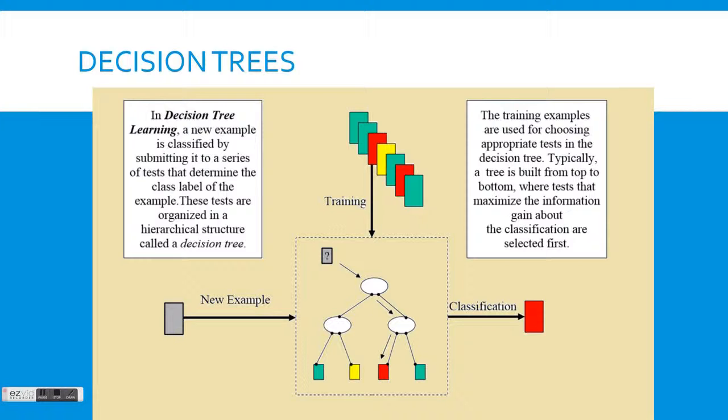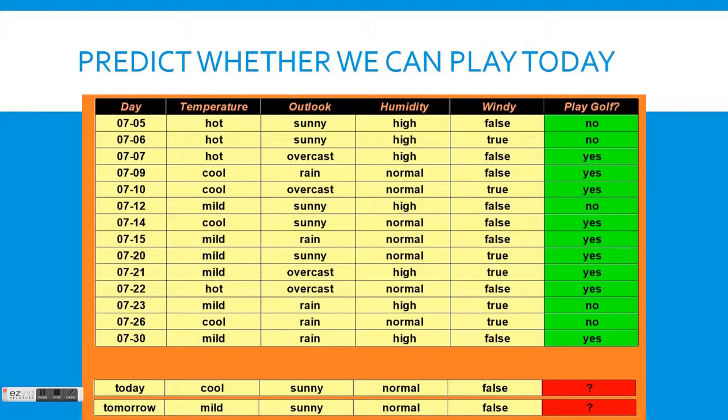The selection of the root node is the most complex thing here, and for that let us take this particular sample.